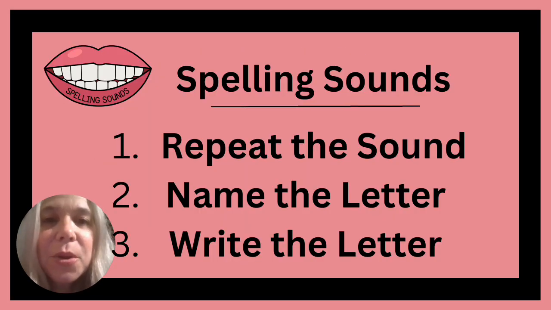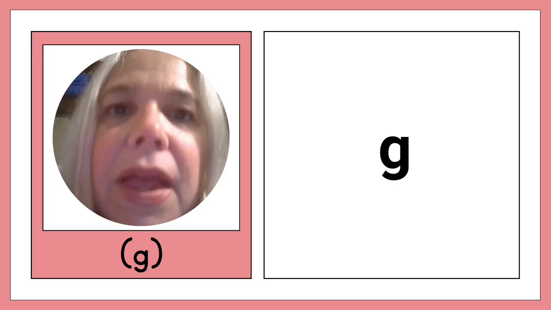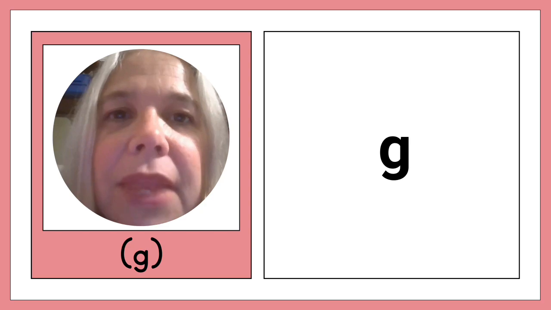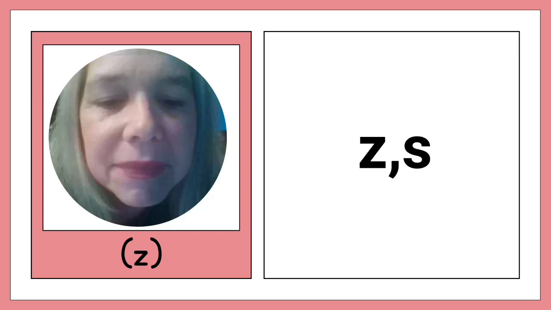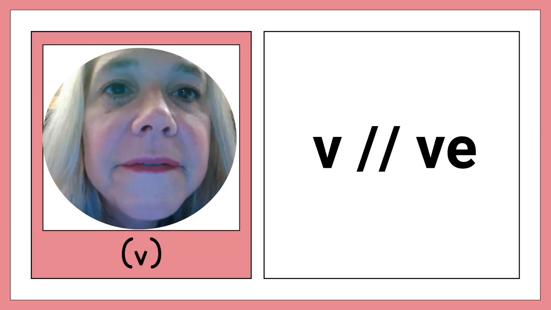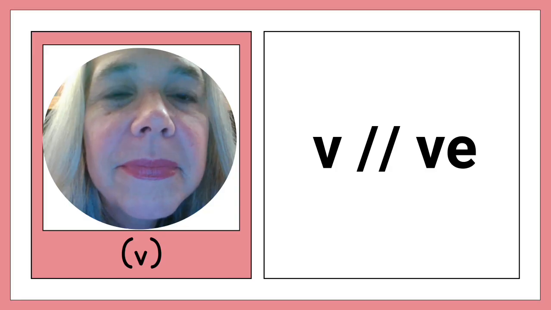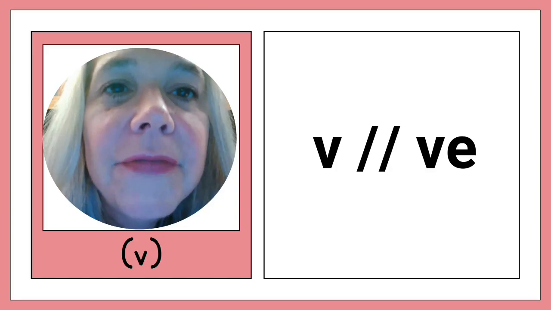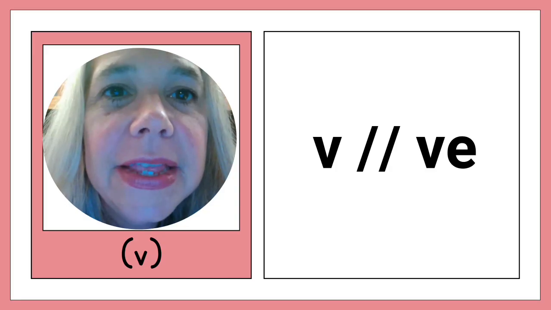Spelling sounds. Repeat the sound after me. Name the letter and write the letter. G. Z, S. V, final position, VE.